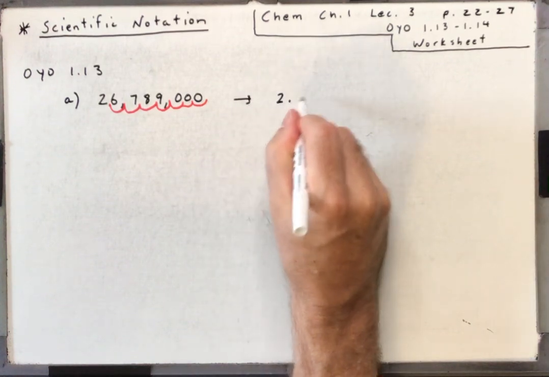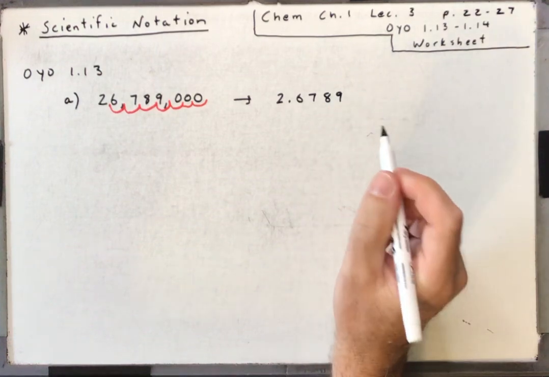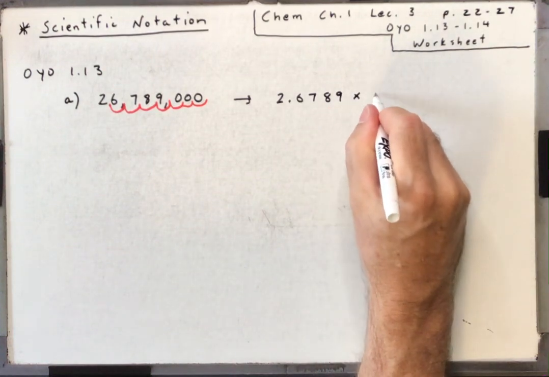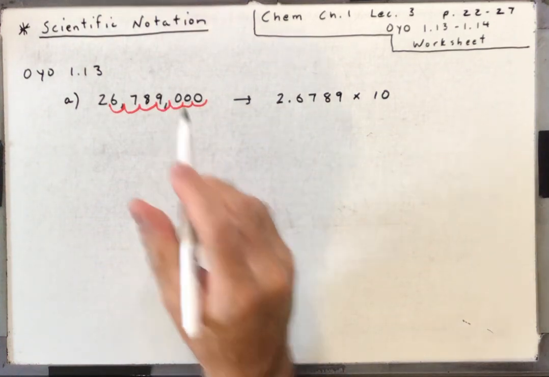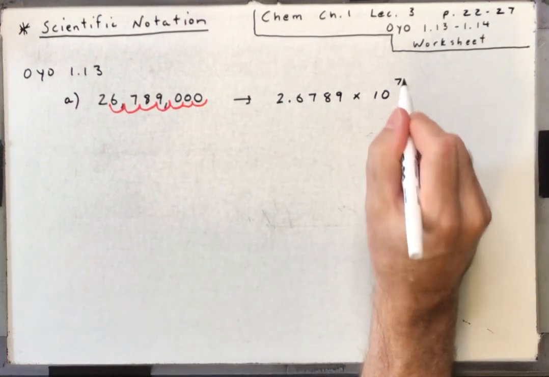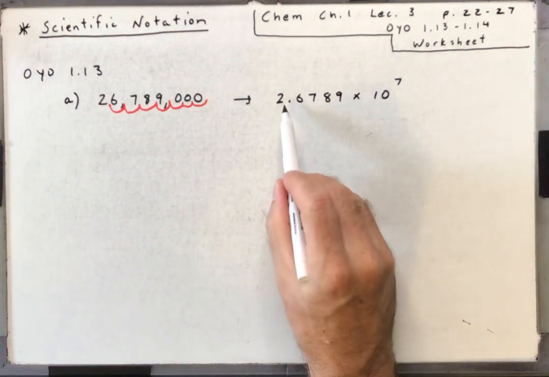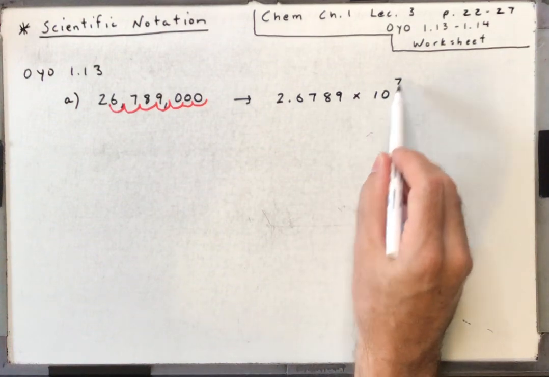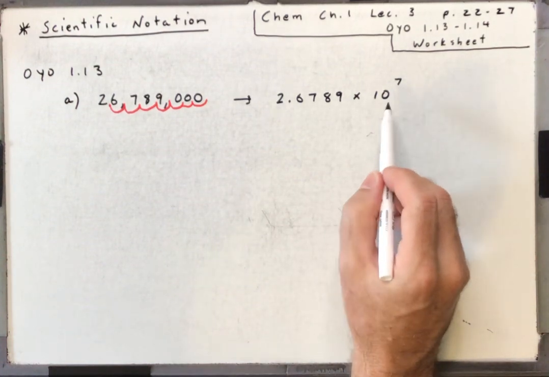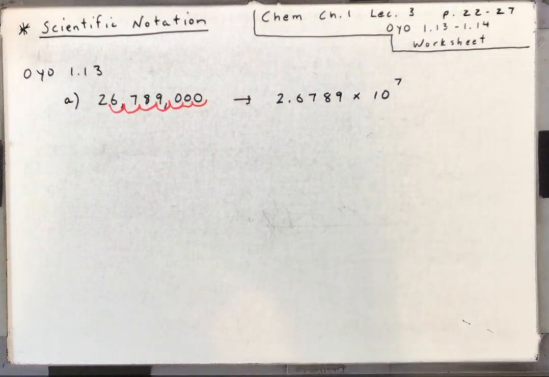It's 2.6789 times 10, and we went over 7 spots. So times 10 to the 7th. Okay, so that's like saying 2.6789 times 10 million. 10 to the 7th power is the same as 10 million. So we're using the power of 10 to shorten the numbers.